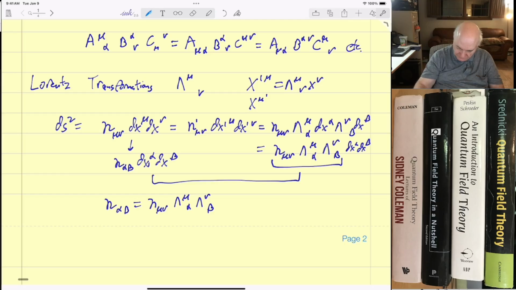And we can derive in the same way that η_αβ is equal to η^μν Λ_α^μ Λ_β^ν, let's see if I confuse myself.